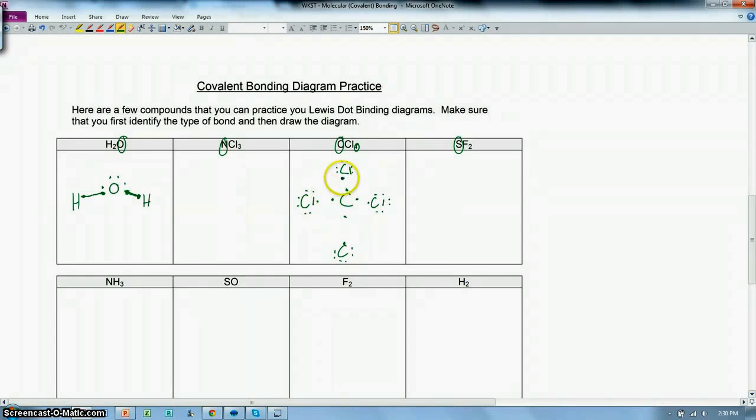We know carbon wants 4 more, and chlorine would like 1 more in each case. By joining these up, now chlorine in each case has its 7, 8, and 1, 2, 3, 4, 5, 6, 7, 8 for carbon.